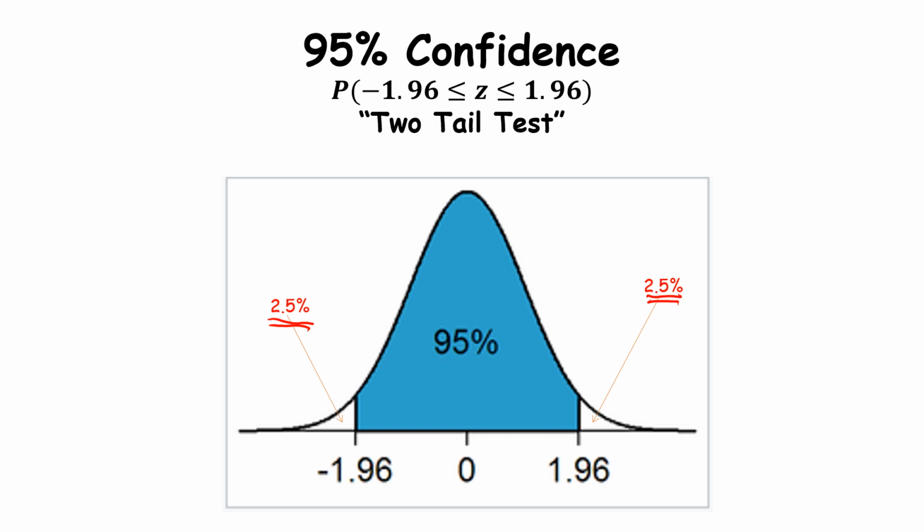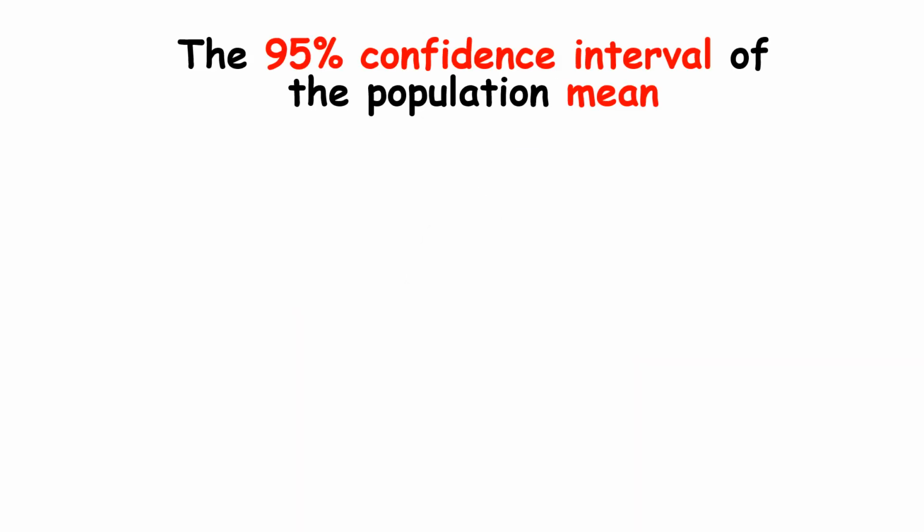So let's talk about the 95% confidence interval of the population mean. I've highlighted the word mean because there are two confidence intervals, and we'll have a second one in another 2 slides. So just be really clear that this time we're talking about the mean.